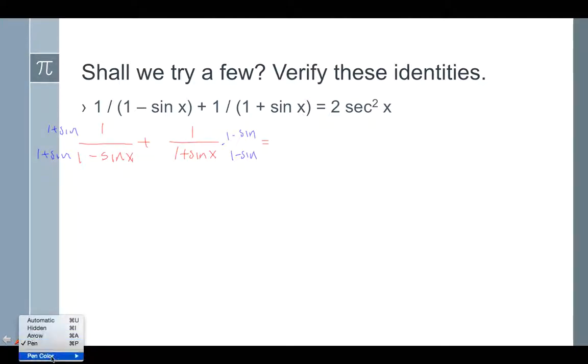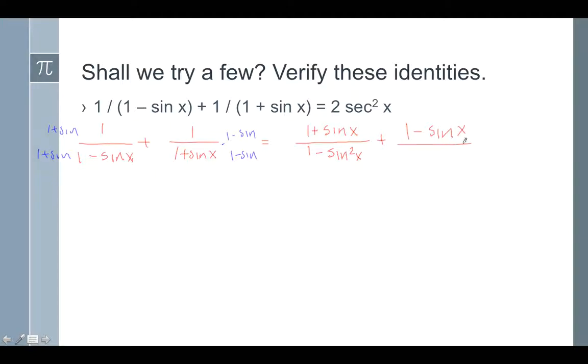And let's see what we're going to get here. Let me go back to red. The left side of the fraction, I get 1 plus sine x over, when I FOIL these two things, 1 minus sine squared x, plus I get my 1 minus sine x over, again, 1 minus sine squared x.